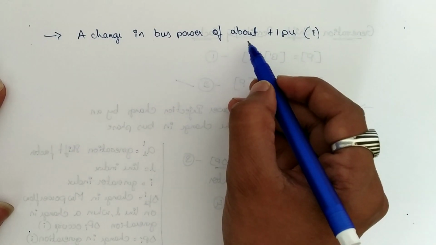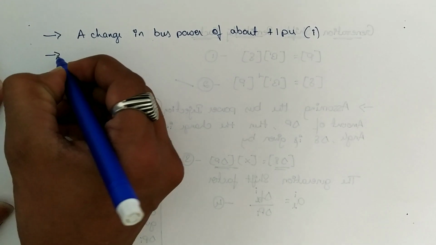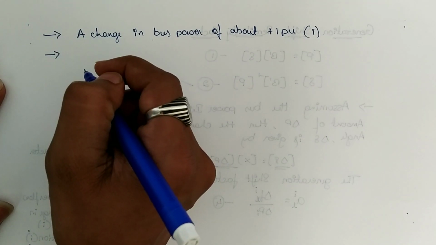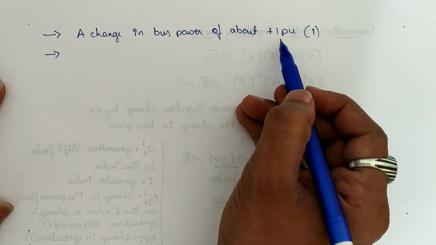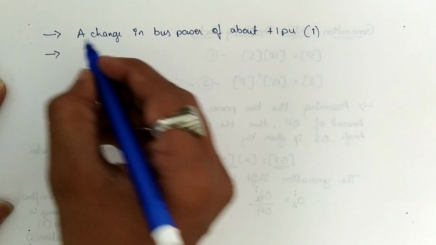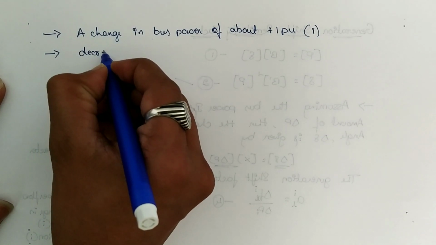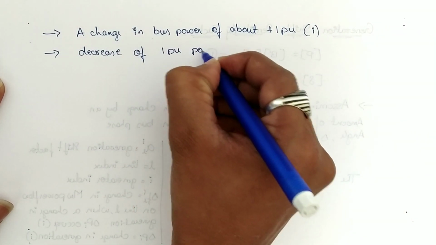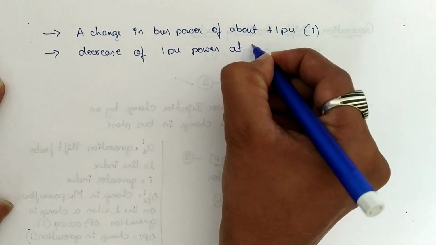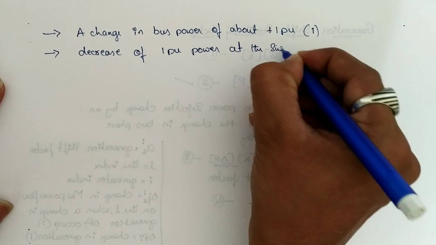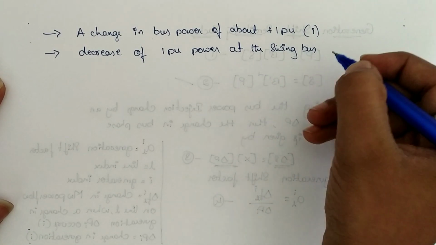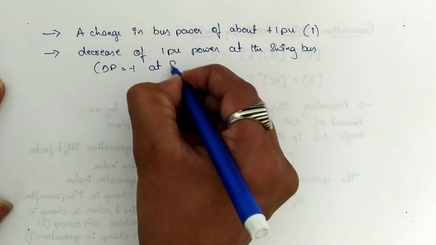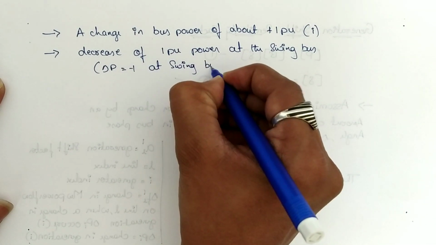So in order to compensate this increase of 1 per unit, we'll assume that this compensation, or the decrease, will be a decrease of 1 per unit power at the swing bus, which means delta P is equal to -1 at the swing bus.